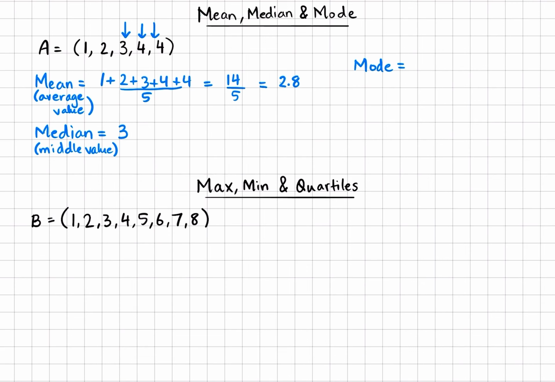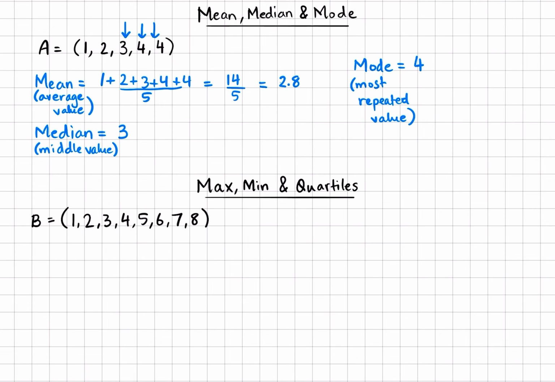All right. So the mode is 4. That's it. That's the difference. The mean is the average value, median is the middle value, and mode is the most repeated value. Okay?